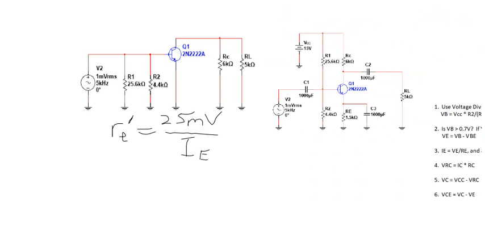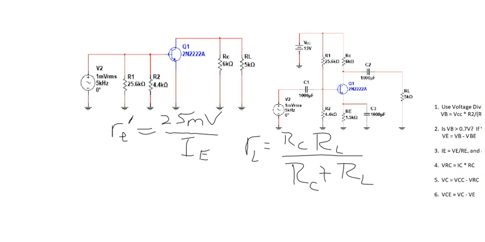Now, since RC and RL are now in parallel with each other, we can find little RL just by doing those two things in parallel, like that.